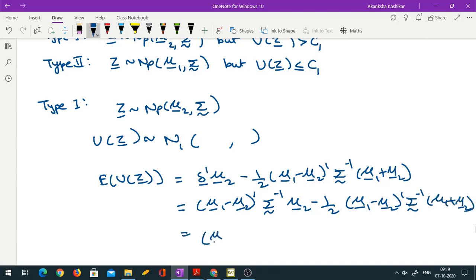So if I take mu1 minus mu2 prime sigma inverse common, we are left with mu2 minus half mu1 minus half mu2, correct?